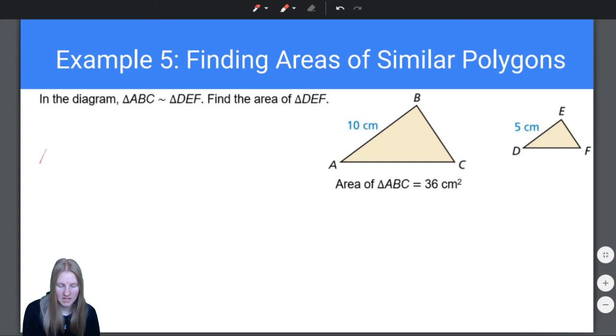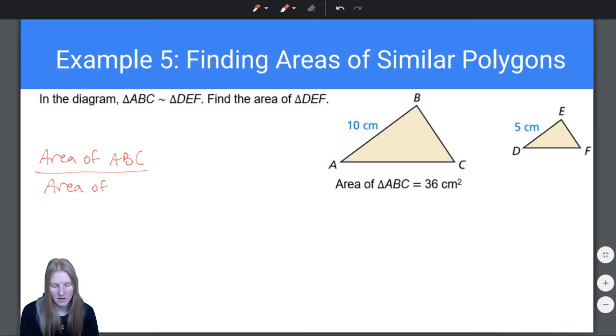Well, I know that the area of triangle ABC over the area of triangle DEF should be proportional to the side. This is the only side they gave me, and because triangle ABC is on top, I need to keep the side from triangle ABC on top. 10 over 5 squared.